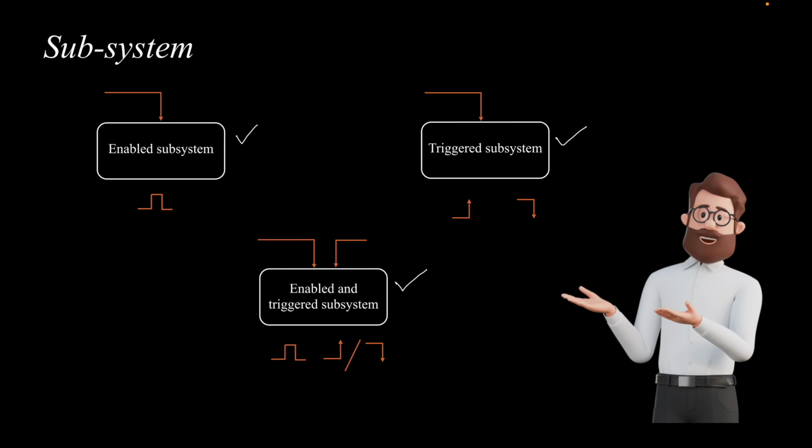In the enabled subsystem, we have one signal as an enable signal. In the triggered subsystem, we have one signal as a trigger signal, and here we have two signals. So when you use an enabled and triggered subsystem, you need to use two signals to activate the system. Okay, so the subsystem does the calculation based on these inputs, gets triggered, and implements it.